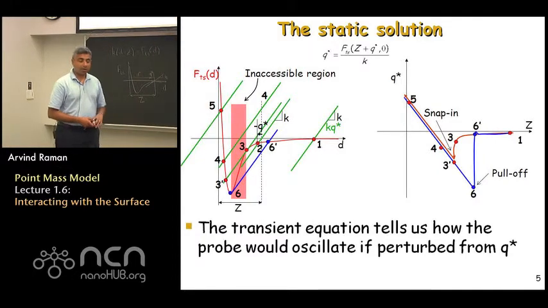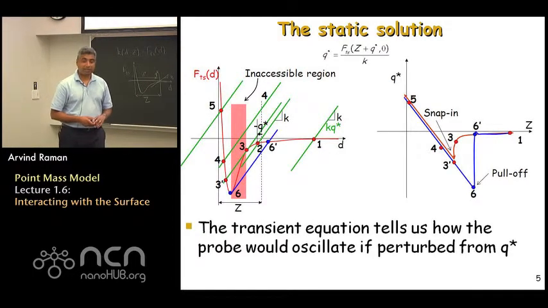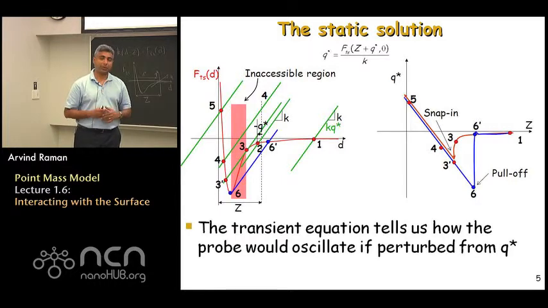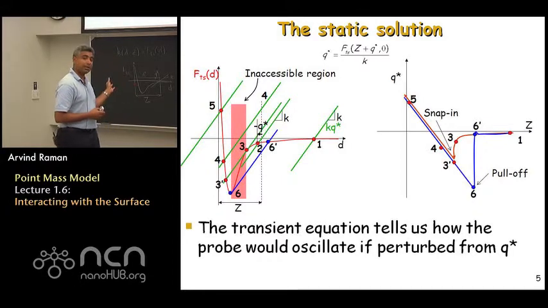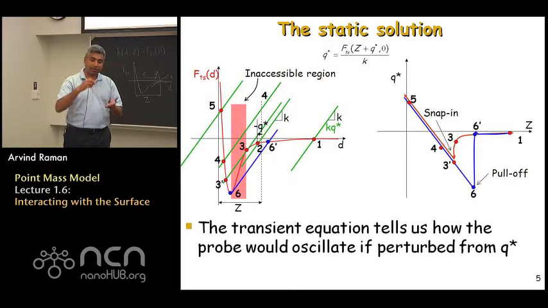So what I've shown in this graph on the left is precisely this intersection between the straight line and the tip sample interaction force curve. And if you go to the point labeled 2, you precisely see what I sketched on the board right now, which shows that the intersection occurs at a certain value of q star.